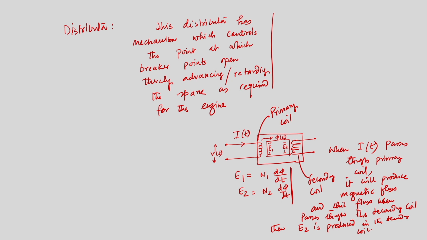Now, when this flux again passes through the primary coil, a back EMF will be developed, and that will try to oppose the current in the primary circuit.